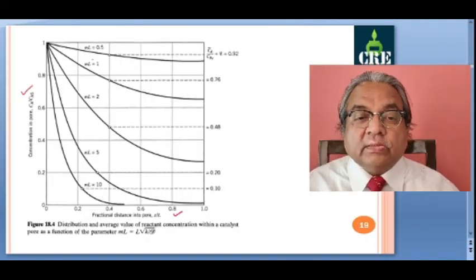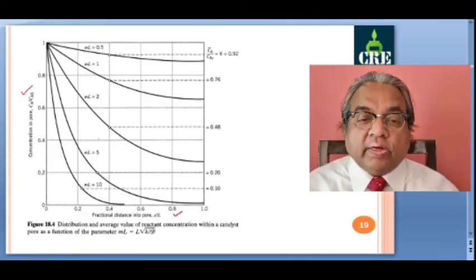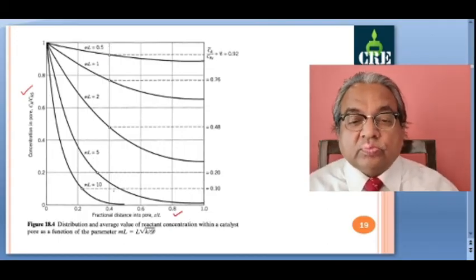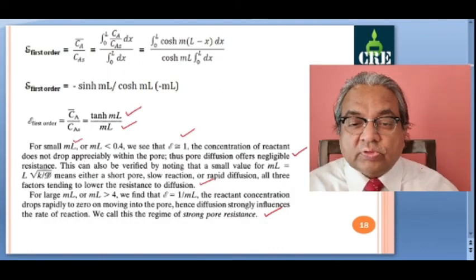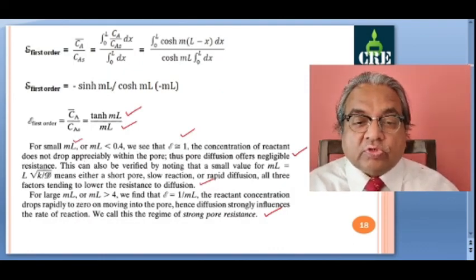So you can see these are values greater than 0.4. Greater than 4 is the large value, where for these large values we have strong pore diffusion.